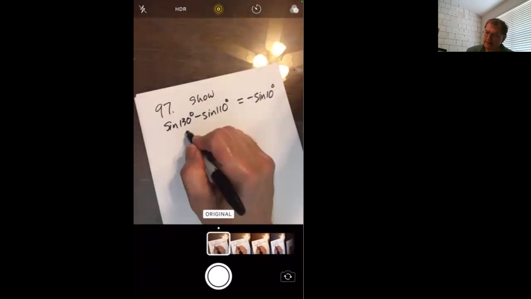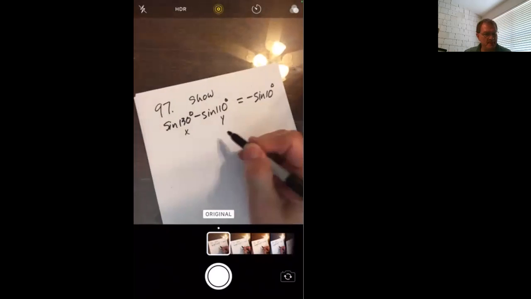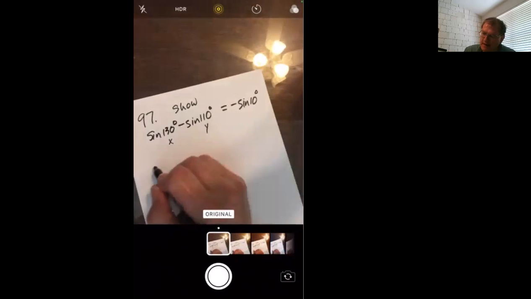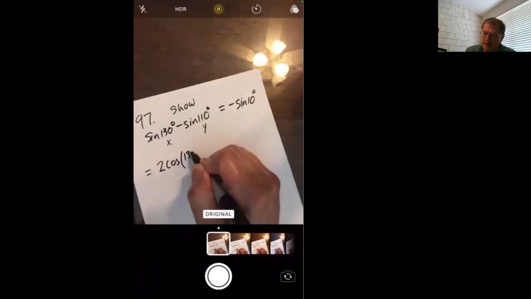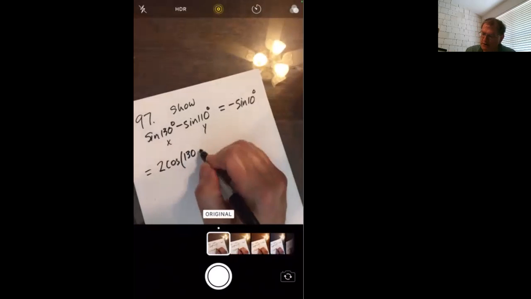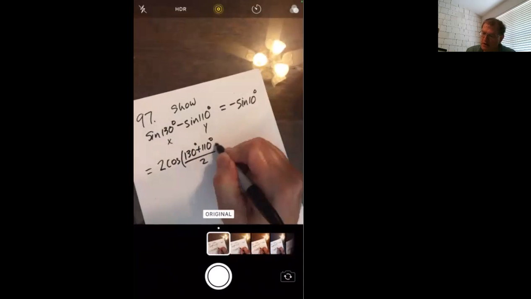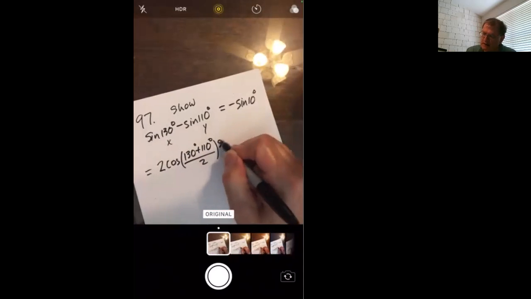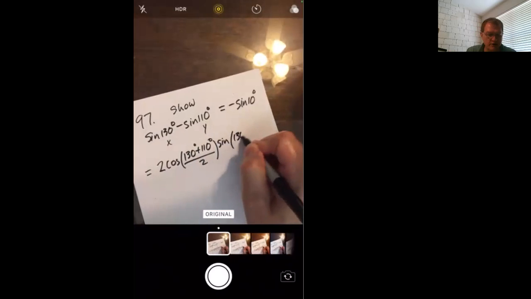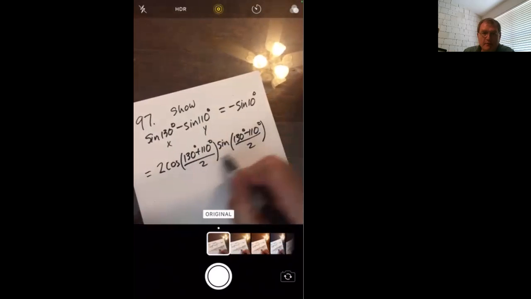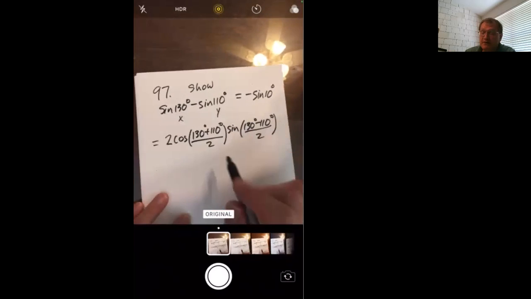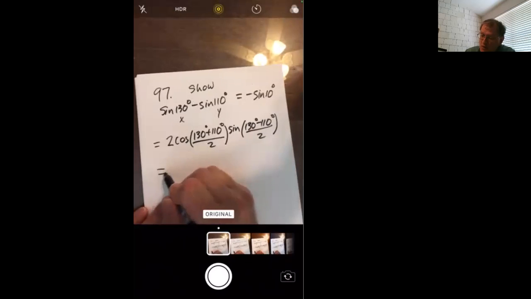This is like your x, this is like your y. So it's going to equal twice cosine of (130 degrees add 110 degrees) divided by 2 times sine of (130 degrees minus 110 degrees) divided by 2.